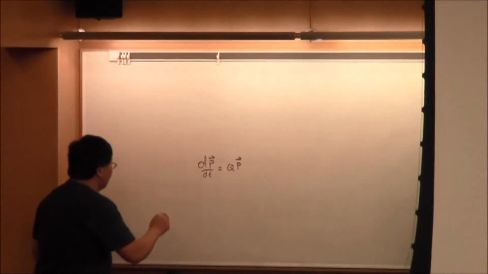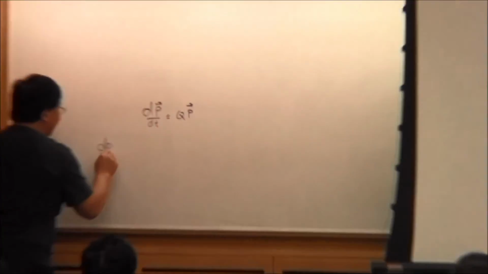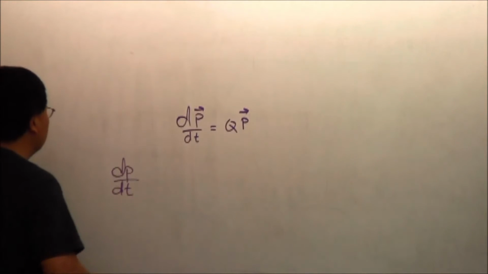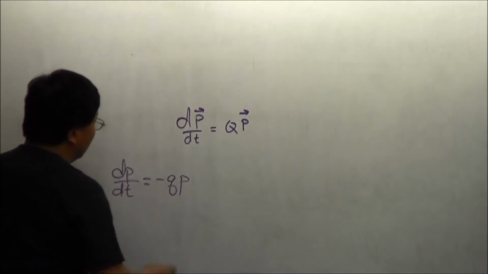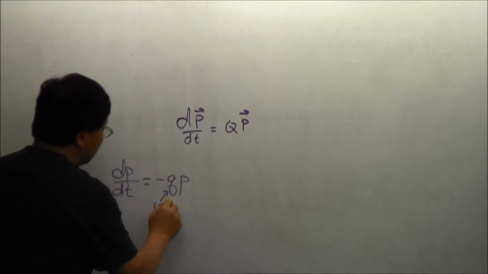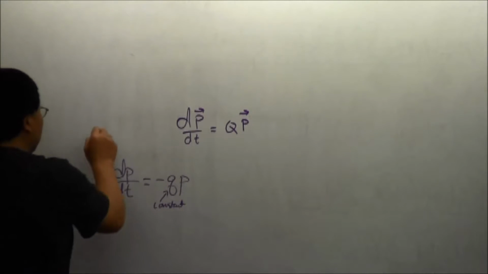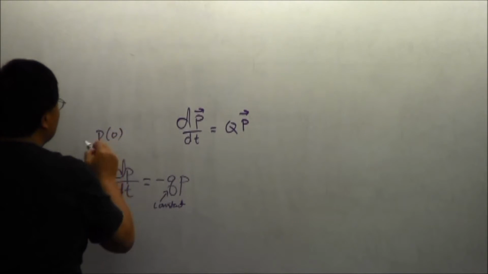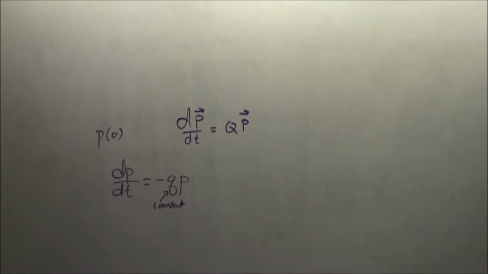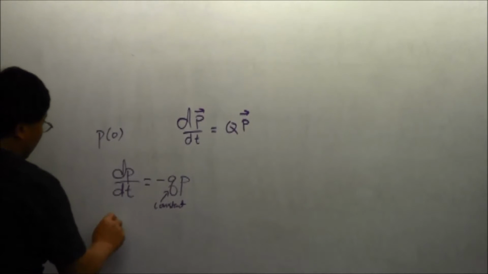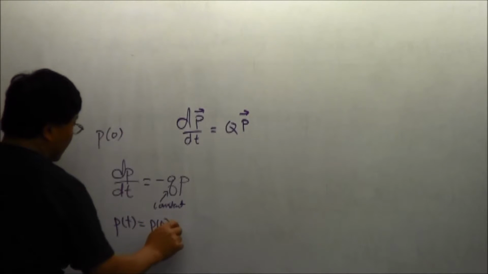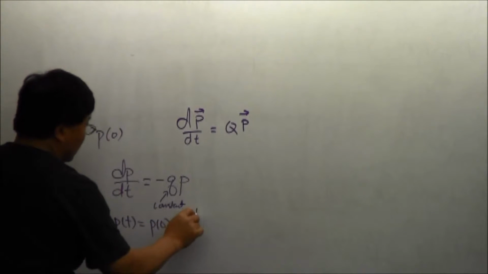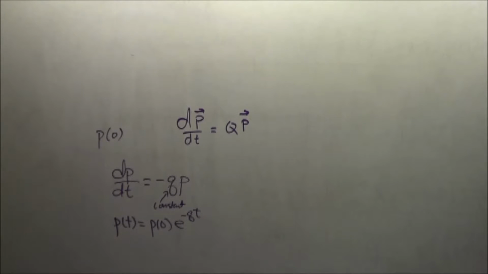Now, if I gave you this function, where Q is a constant, and I give you the initial condition, some known value, we know what the solution for that is, right? Okay, got that?